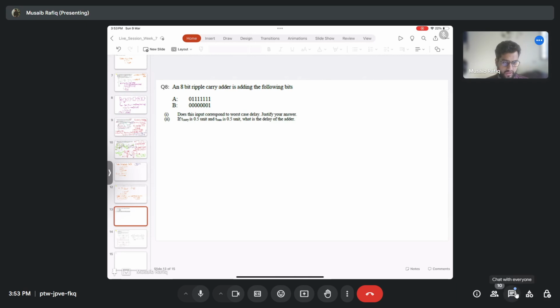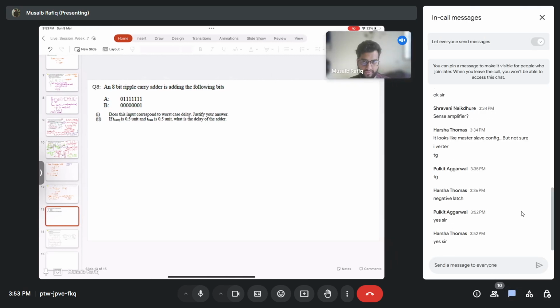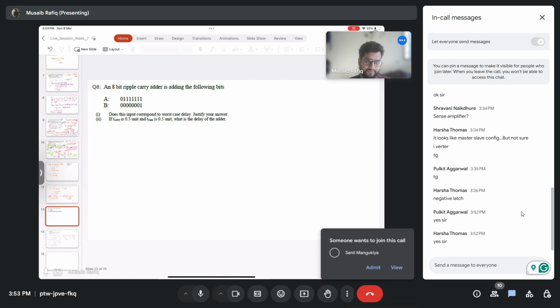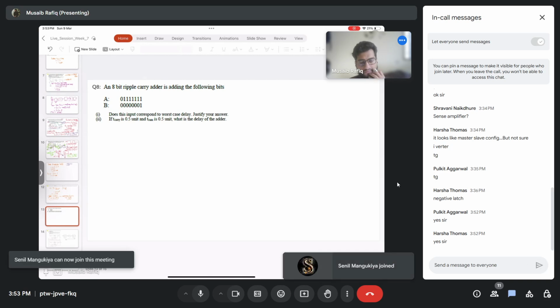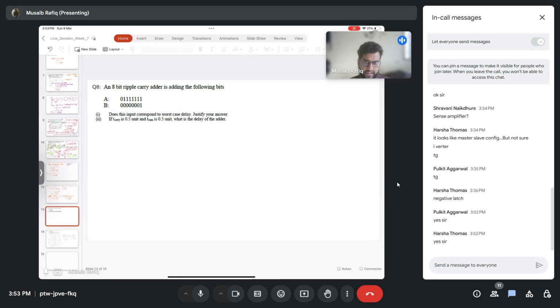So I want you to answer whether this input case corresponds to a worst case delay in an 8-bit ripple carry adder. Yes or no?